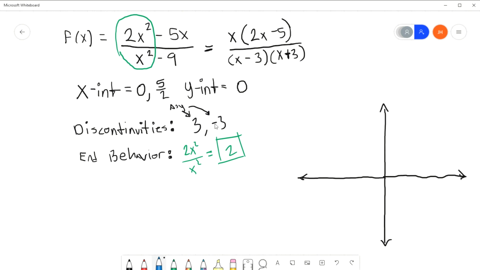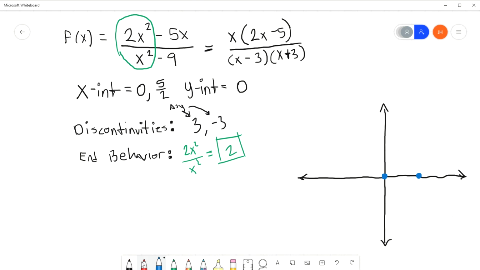First of all, I like to use blue for my x-intercepts. So I have an x-intercept at 0 and 5 halves. Here's 0. Remember, 5 halves would be 2.5. So here's 2.5. My y-intercept is at 0. Oh, what do you know? Fun fact, if you have an x-intercept at 0, then you also have a y-intercept at 0.